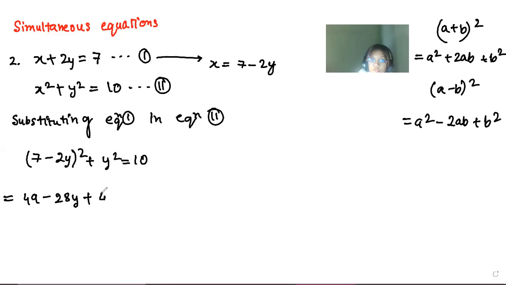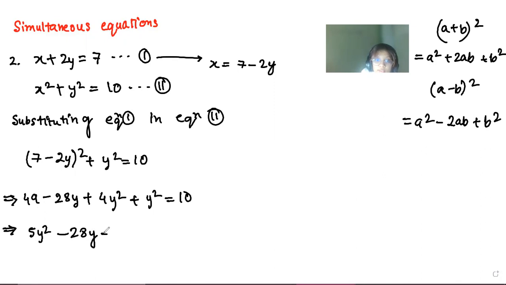So (2y) square is 4y square, plus y square is equal to 10. Then it becomes 4 plus 1 is 5y square minus 28y, 49 minus 10 is plus 39 equal to 0.